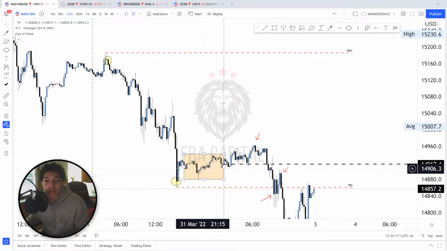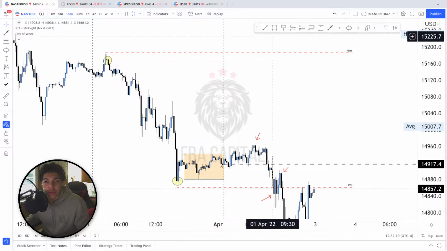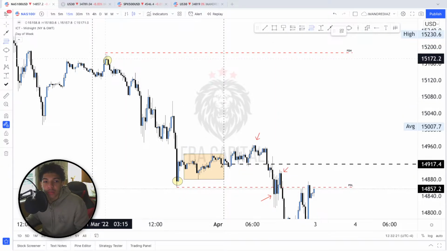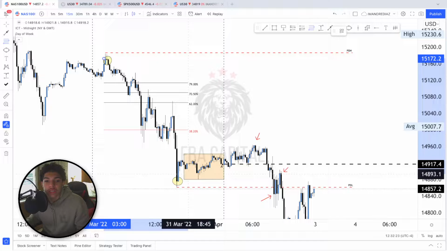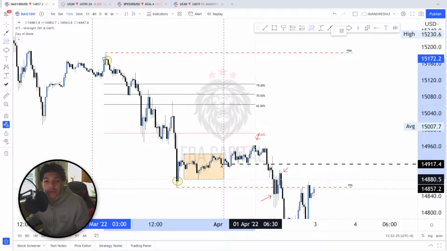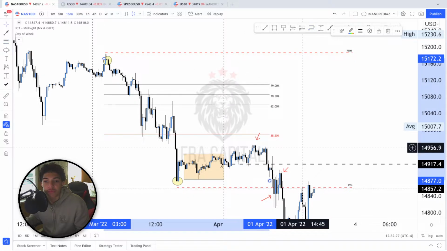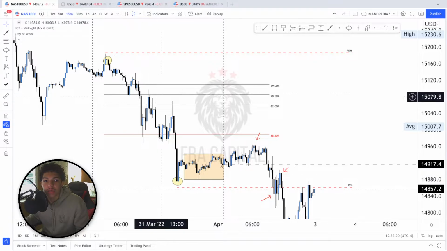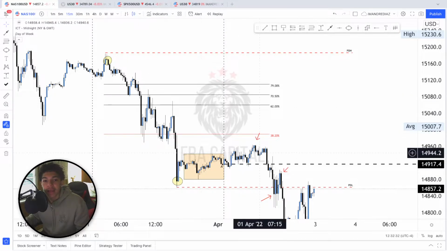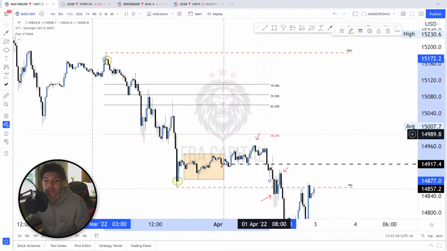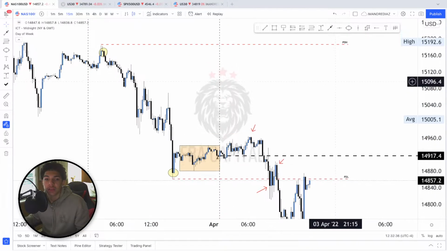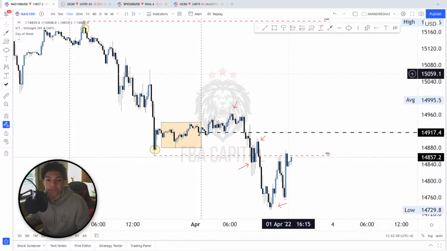Now, personally, I don't think this is going to be a confirmation for a trade right here, but I'm going to test it out. Okay, in this case, it wasn't. I pulled my fib from the previous day's high to the low to anticipate a potential retracement. I thought it was going to be at this 38.20%, but in this case, it wasn't. So we're not going to worry about that right now.